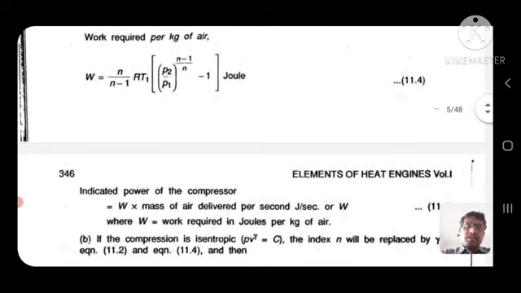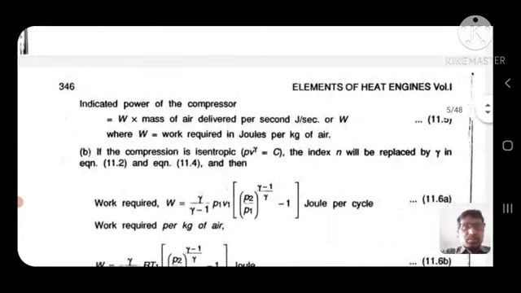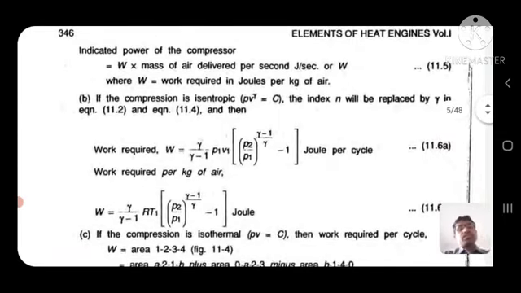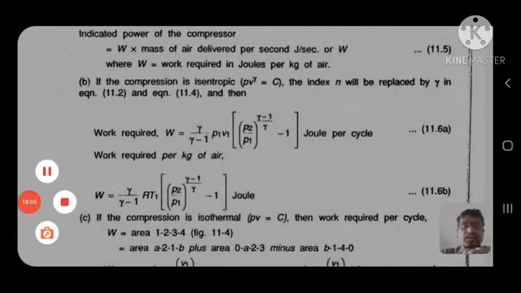The work required per kg of air W is equal to n by (n minus 1) R T1 [(P2 by P1) to the power (n minus 1) by n, minus 1]. So you may write down the indicated power of the compressor as W into the mass of air delivered per second, in joule per second.